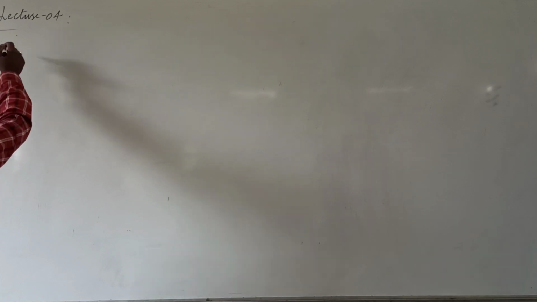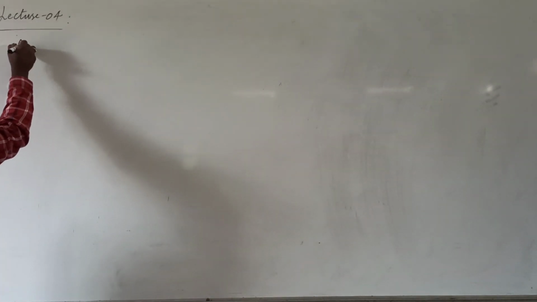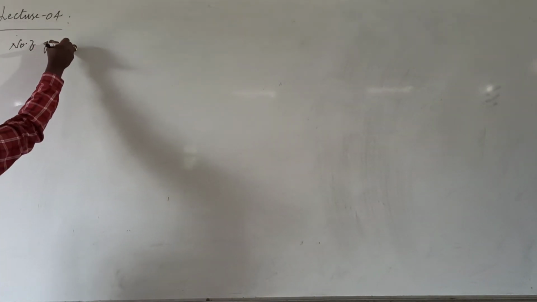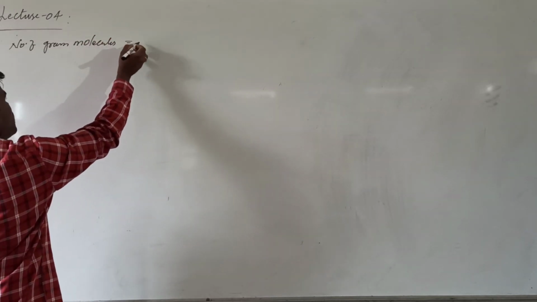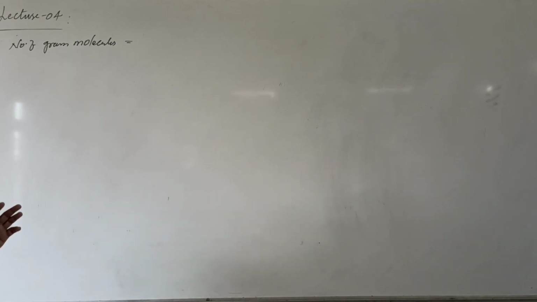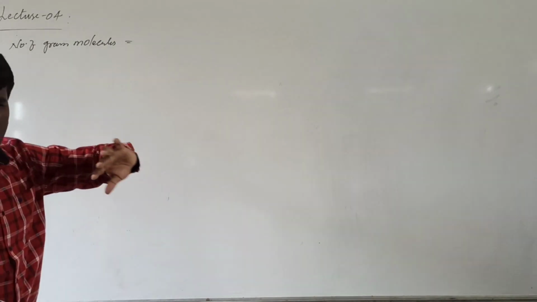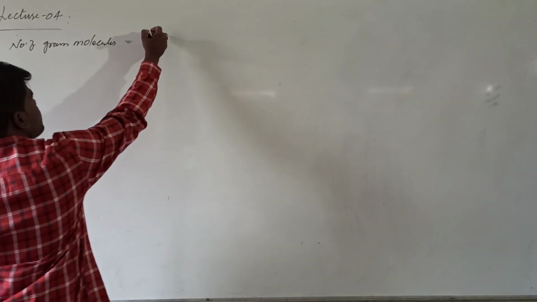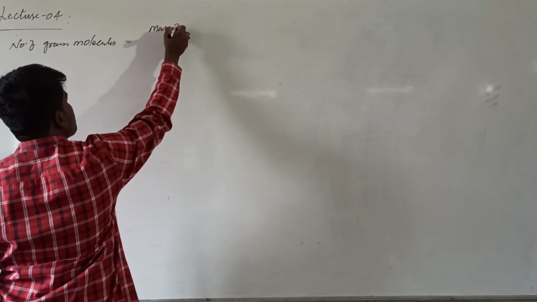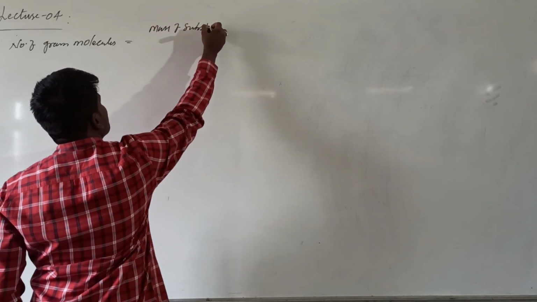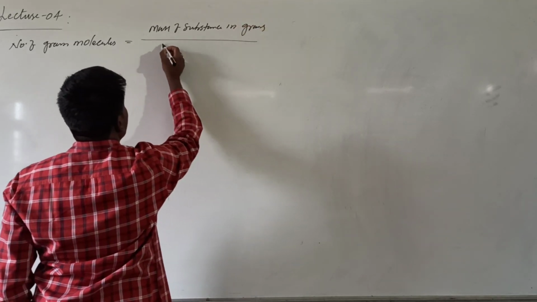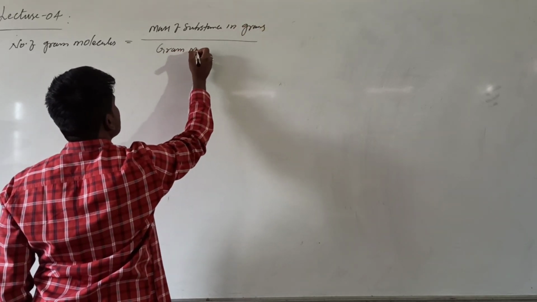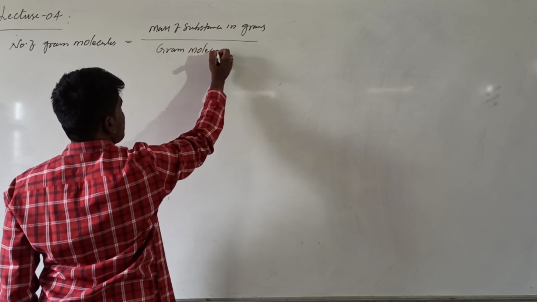Now, let us see how to calculate the number of gram molecules. Number of gram molecules is nothing but number of moles. It is the mass of the substance in grams upon gram molecular mass.